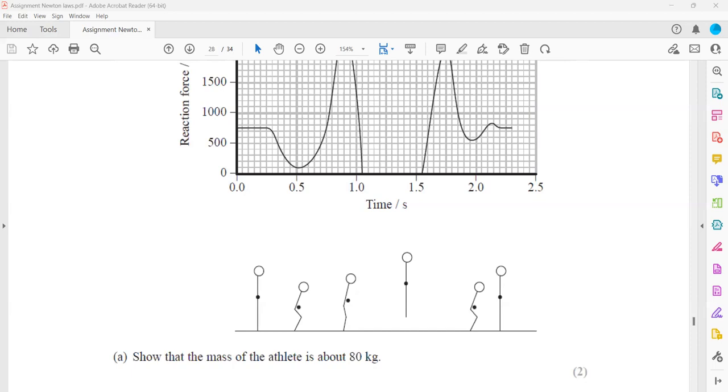As you can see, we already calculated initially the weight of the athlete, because this is a point where he is standing straight. So here, for example, this is 750 newtons, the weight, and the normal contact is 750. But as he bends his knees, his weight is not changing. Only the position of the center of gravity has changed.